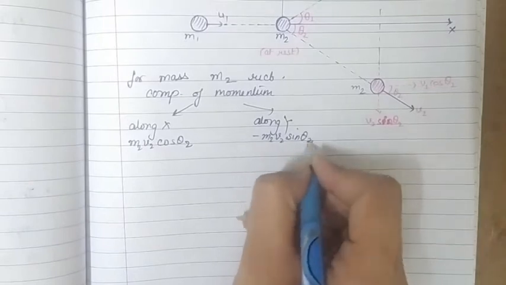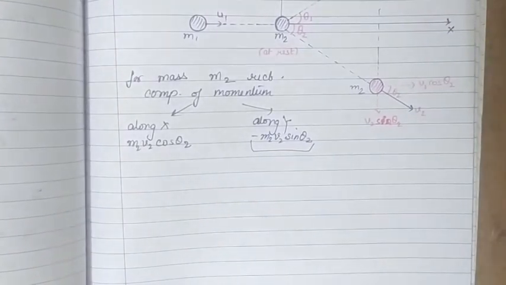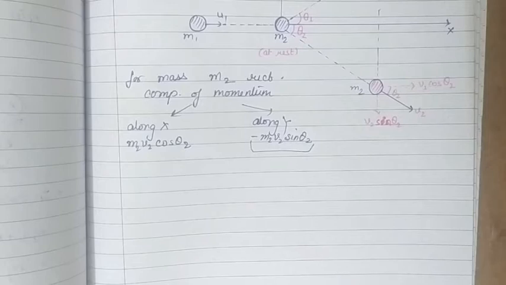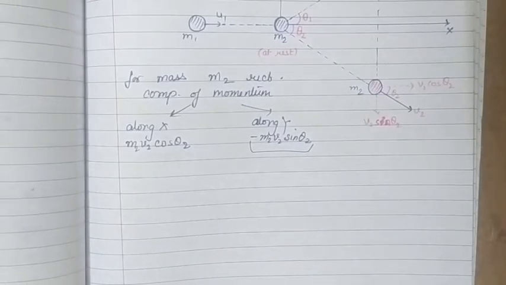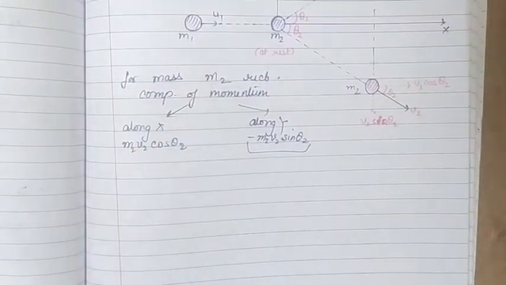Here the negative sign shows that this component is along the negative y-axis, not the positive y-axis.